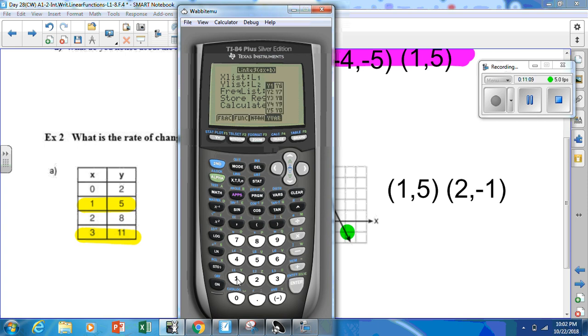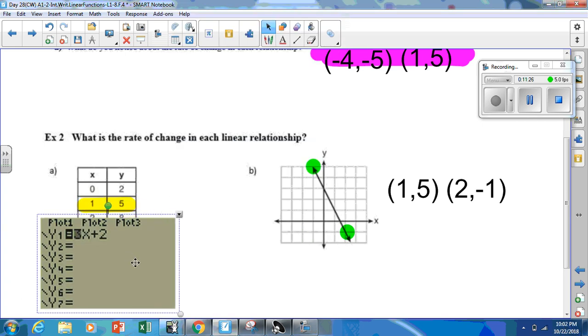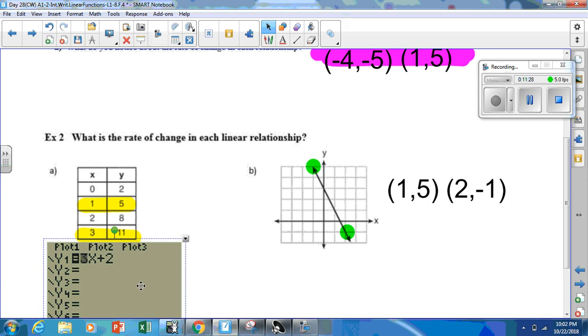Hit Y1. Very nice. Hit calculate. Calculate again. Okay. I want to see the equation of the line. Hit Y1. All right, there it is. Nice and neat. Let's see if I can drag this over here. Very nice.